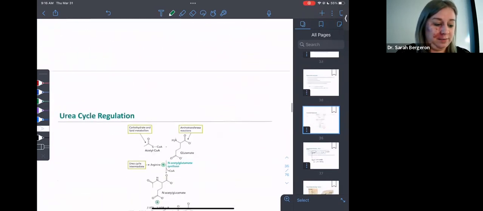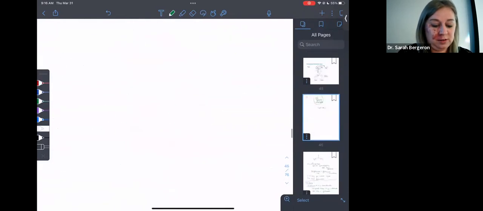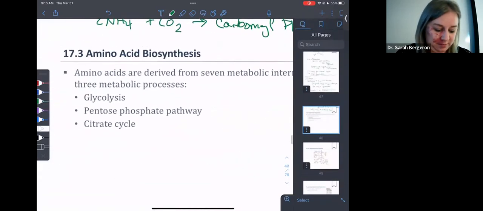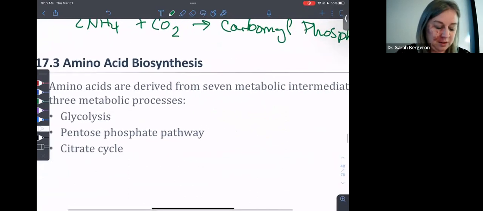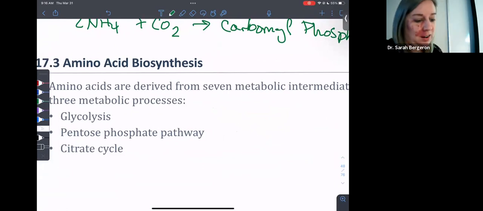All right. So now we can talk about biosynthesis of our amino acids. We're going to look at plant and bacteria for 9 of the amino acids, because not all amino acids we can make.